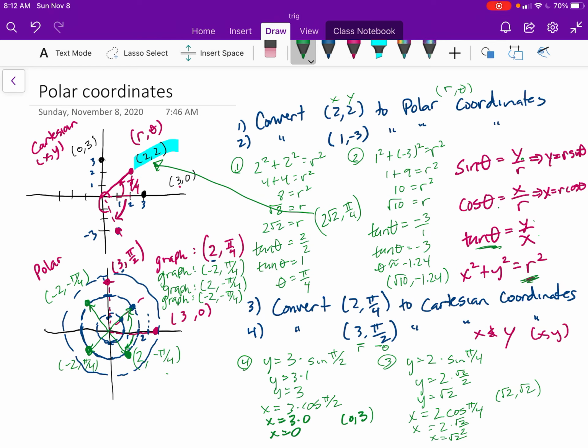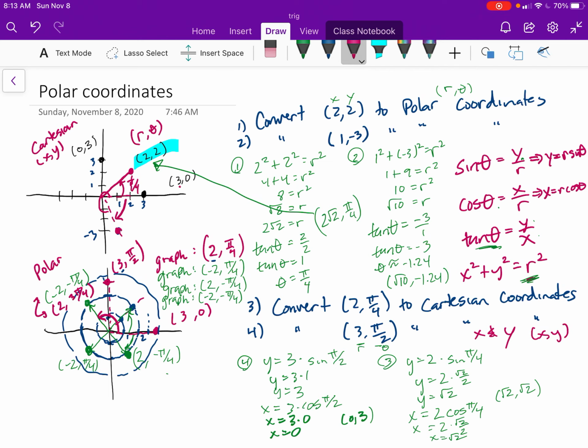But all of these, like even our original 2 comma pi over 4, can be written differently, right? Like, well, I know that this angle to get here is 3 pi over 4. So I could call this point as well 2 comma 3 pi over 4, and therefore these are equivalent.